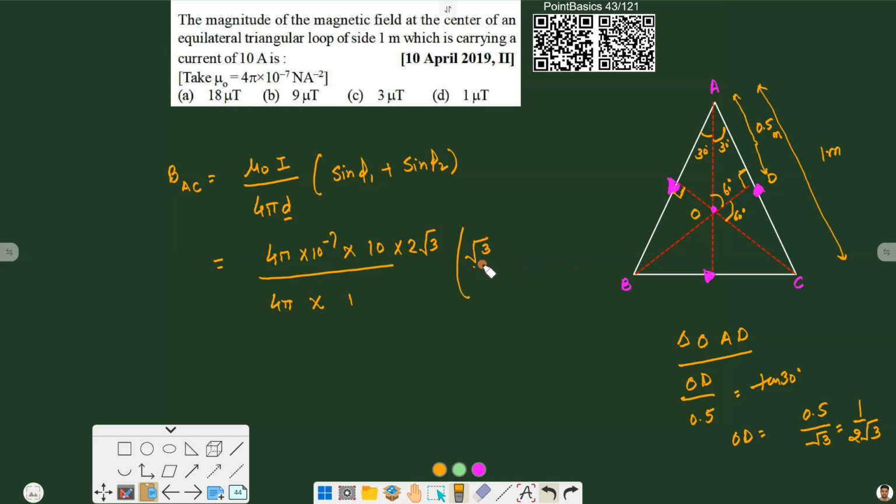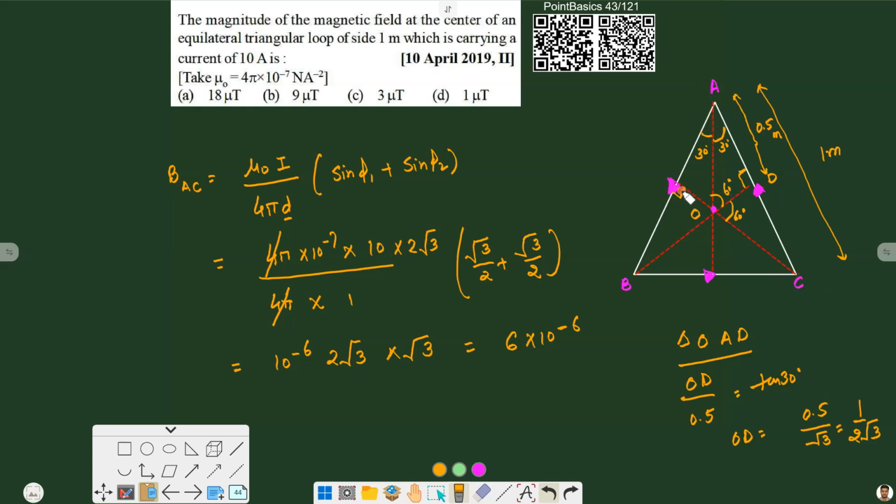So root 3 by 2 plus root 3 by 2. 4 pi gets cancelled. Here we have 10 raised to power minus 6 into 2 root 3, and from here we have a further root 3. So root 3 into root 3, 3 into 2, 6. So 6 into 10 raised to power minus 6. This is the magnetic field due to a single AC conductor.